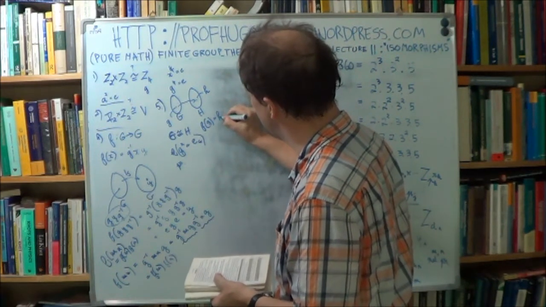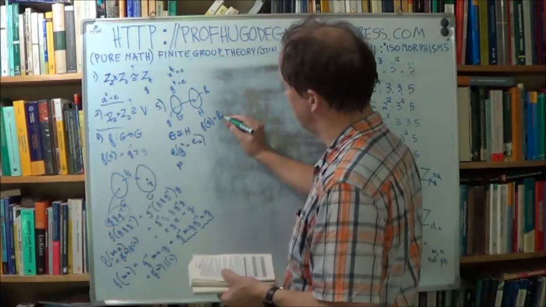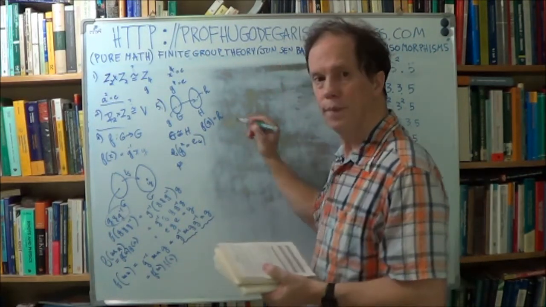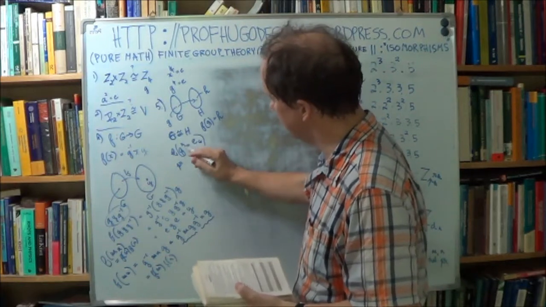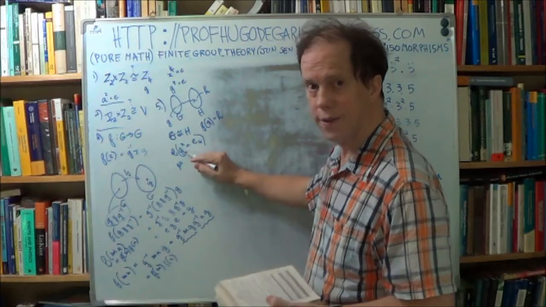You're given that. We have to prove that the order of h is the same n, so the order of h and the order of g are the same.